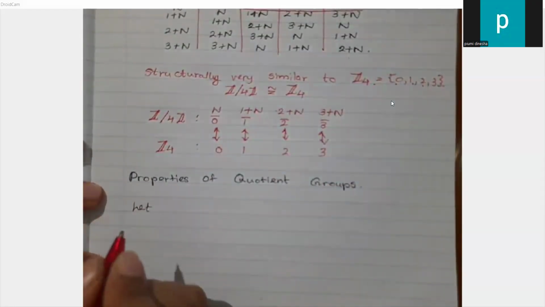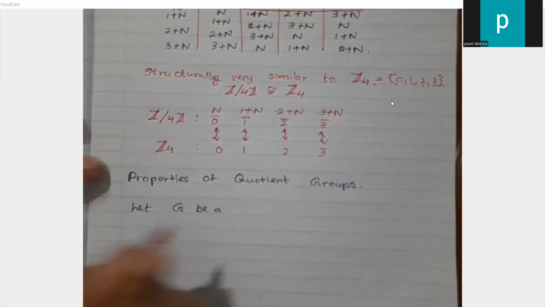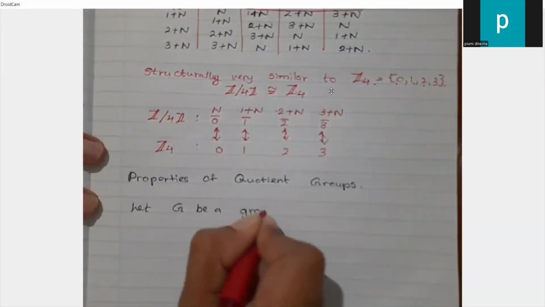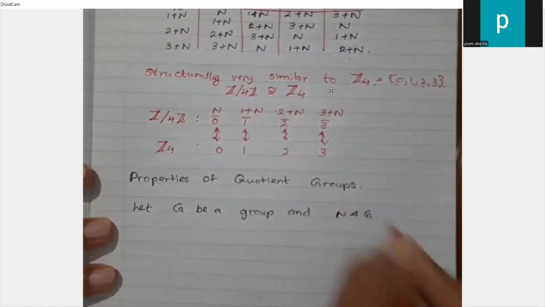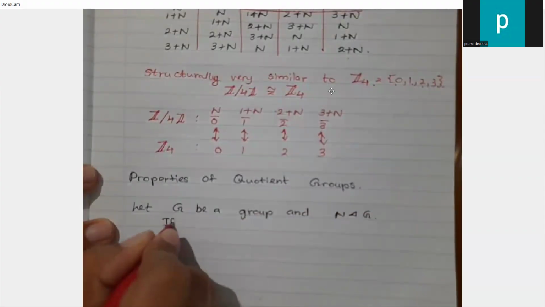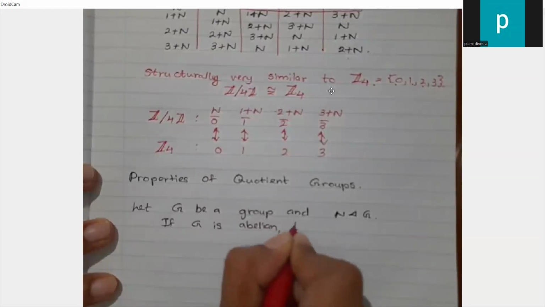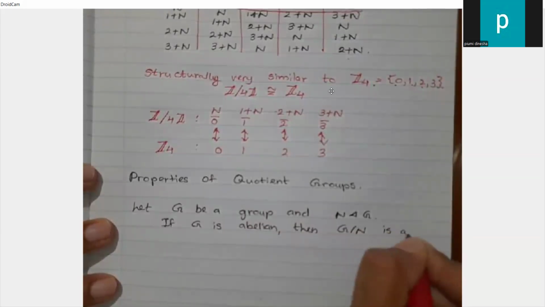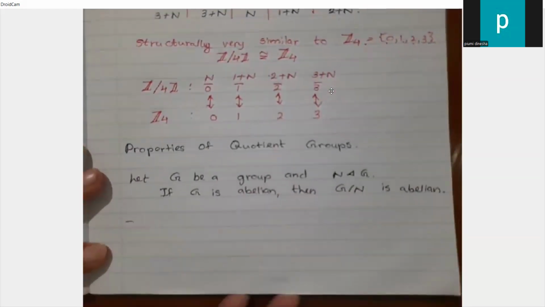Let's take G to be a group and N to be a normal subgroup in G. Then, if G is abelian, then G over N is also abelian, right? How do we see this? How do we prove this?